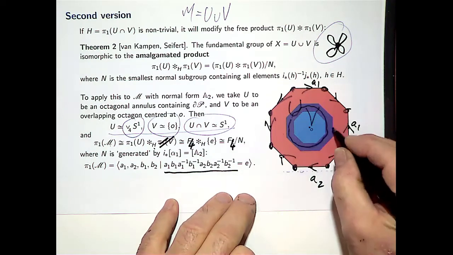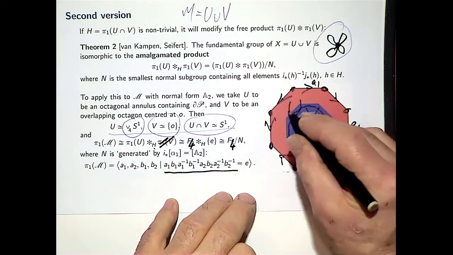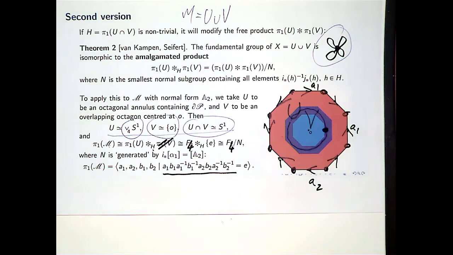If we take a loop at just one turn of the circle, that generates the fundamental group of the circle. Then we insert that loop into U, which effectively now we're just thinking of as the boundary. So the image of that circle as a loop will just be the circle going once around the boundary. So according to the theorem, that image has to be treated as if it's the identity.